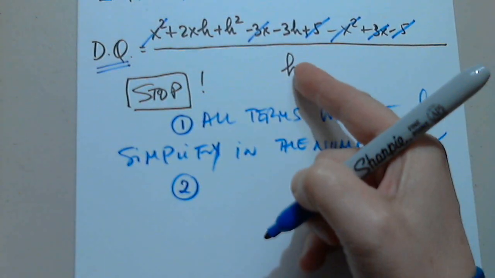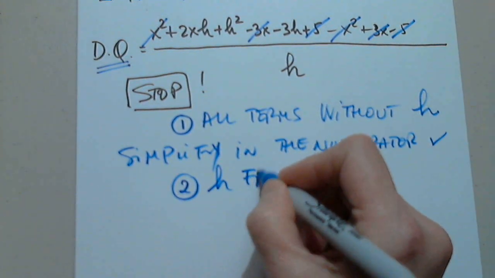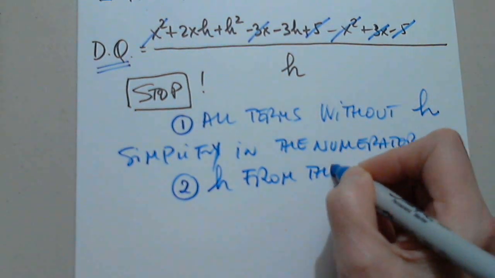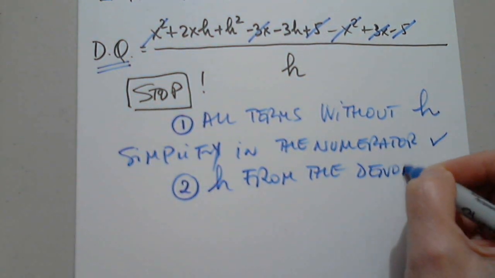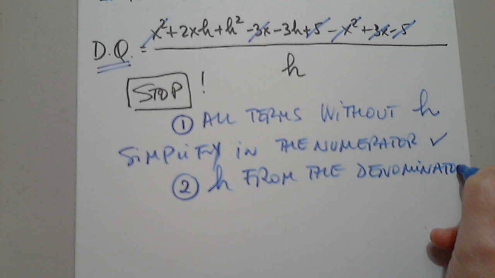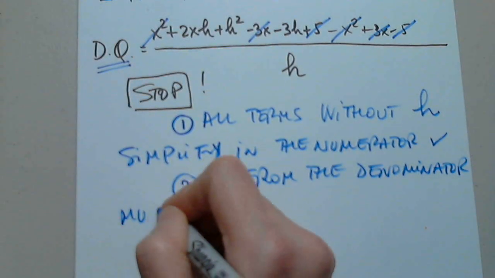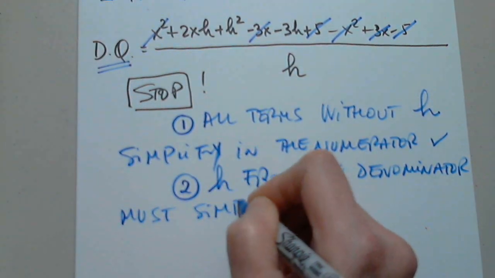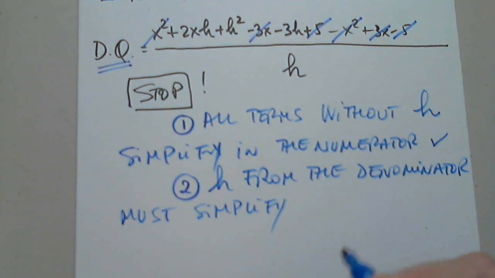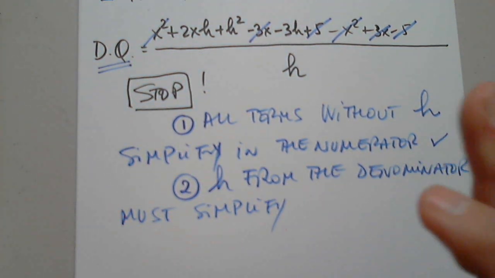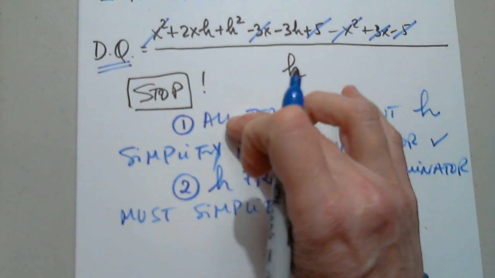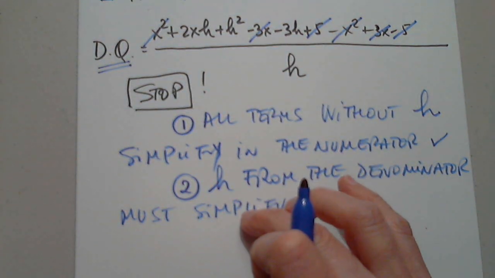Then I move on to the second note. This h from the denominator must simplify, must go away. But this is the correct order. First this has to happen and then this has to happen.